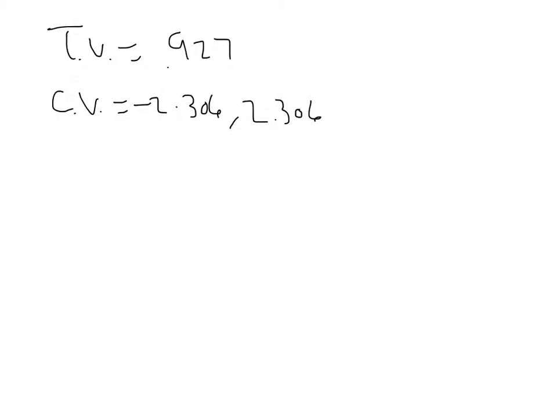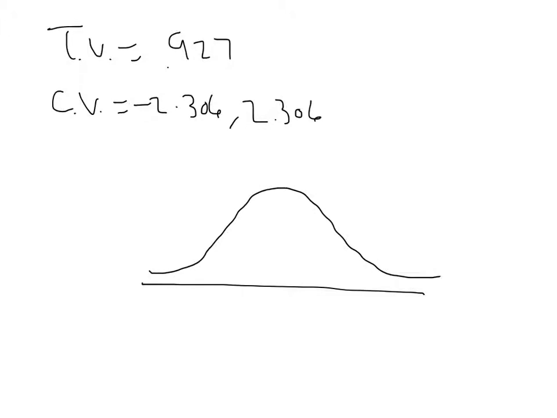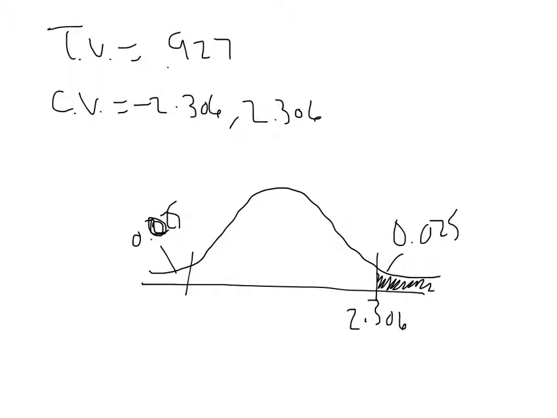So we're going to make a graph. Okay, so this is 0.025 in each tail, and that is because we have a 0.05 level of significance. And so this right here is 2.306, shade that in.